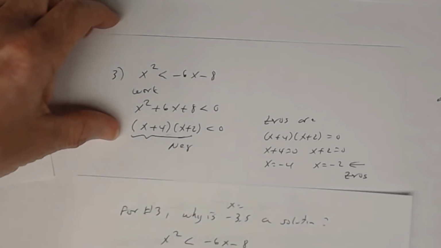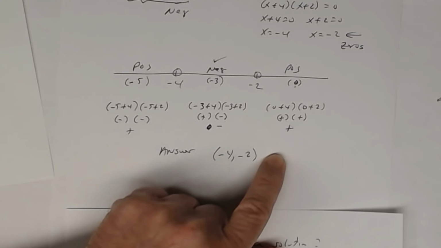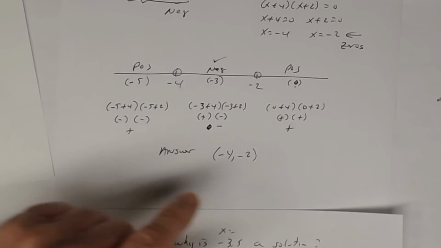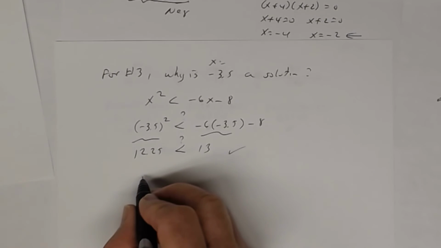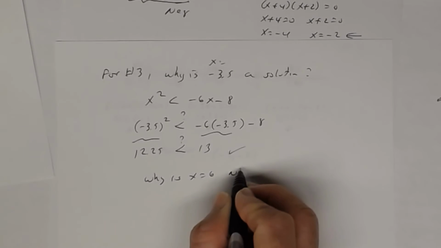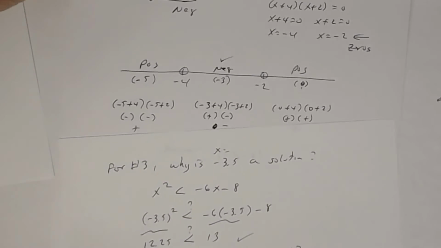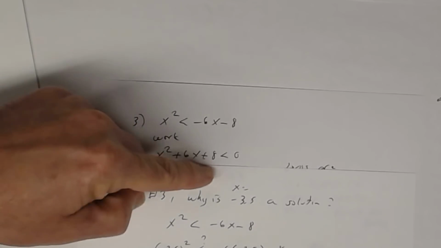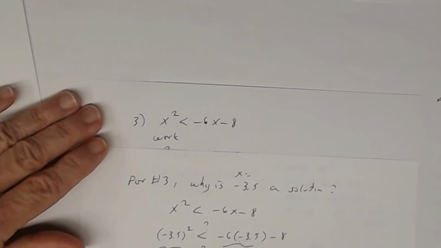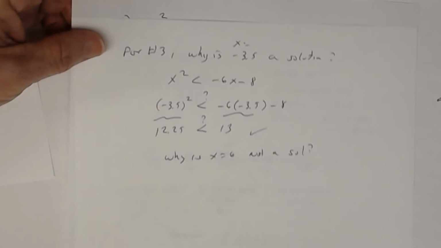Real quickly, let's pick a number that's not a solution. Let's say 6. 6 is not in here, right? 6 is on the outside. So let's see why 6 is not a solution. Why is x equals 6 not a solution? Go back to the original problem, the one before you got 0 on one side. So x squared is less than negative 6x minus 8.